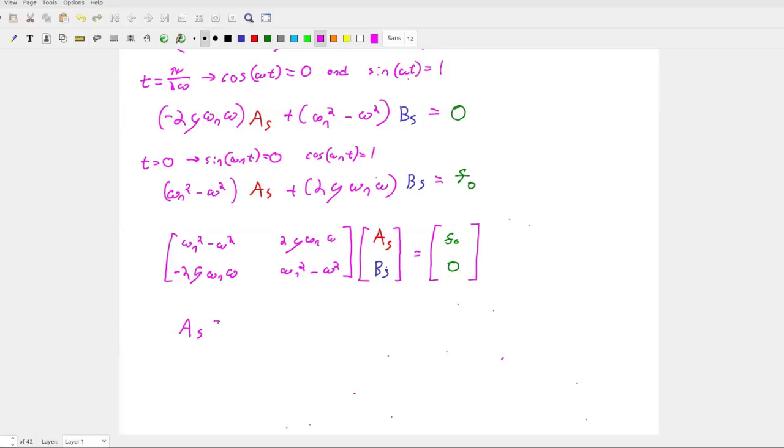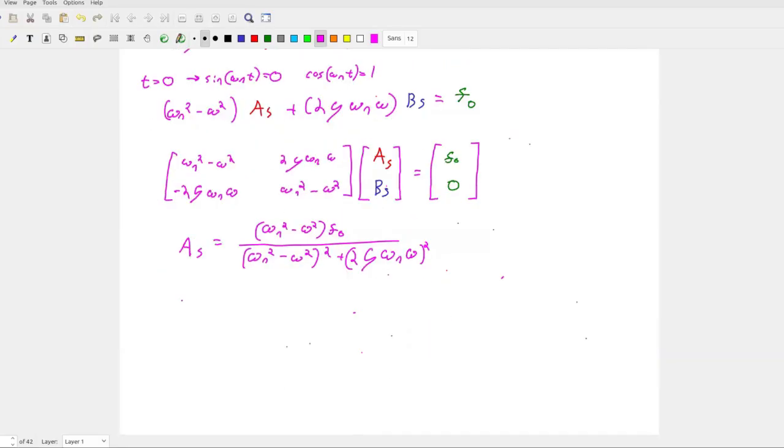AS is equal to omega n squared minus omega squared multiplied by lowercase f naught over the common denominator, which is going to be omega n squared minus omega squared, this whole term squared, plus 2 zeta omega n omega squared.